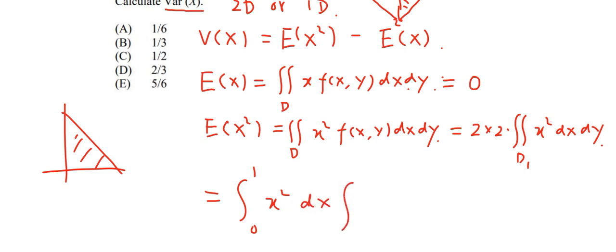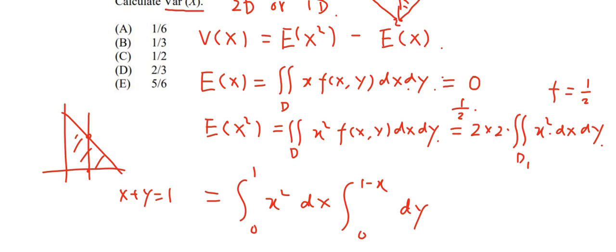Once we determine x, y goes from 0 to this line, which is x plus y equal 1. So for fixed x, y equals 1 minus x, dy. Oh, I'm sorry, here multiply by half. If the density function is half, I forgot this half. So this actually is multiplied by half.